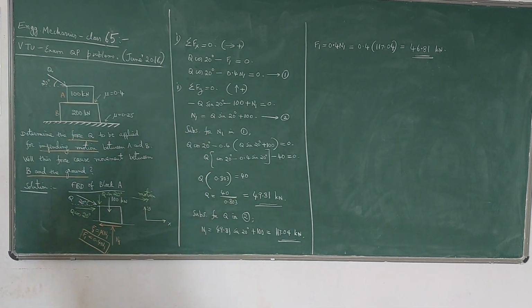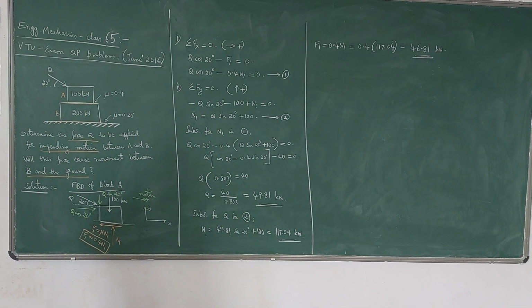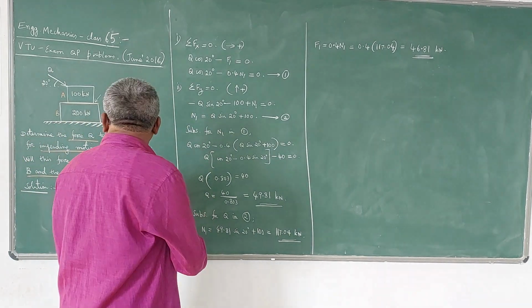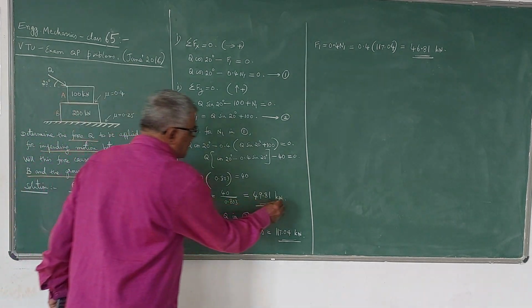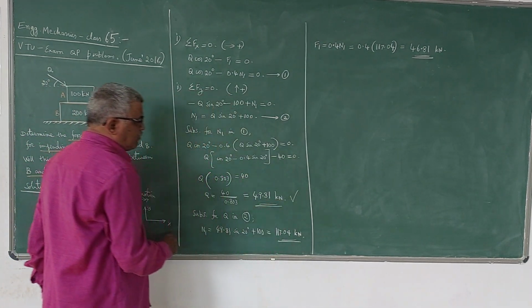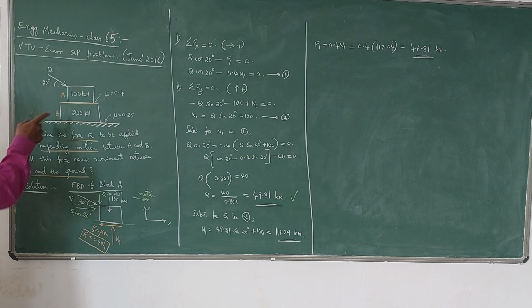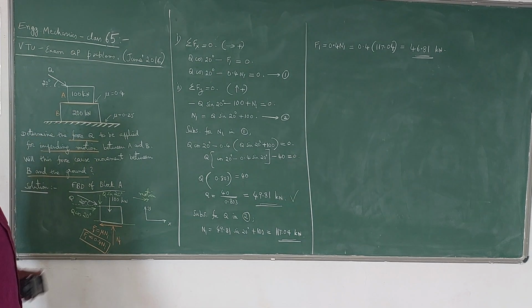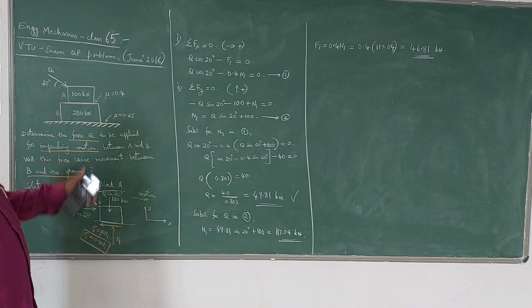Now here we got the value of Q. The first part of the problem is over up to this. So whatever value of force required to move the block A on B, we have got it. And also we got the normal reaction and the frictional force.